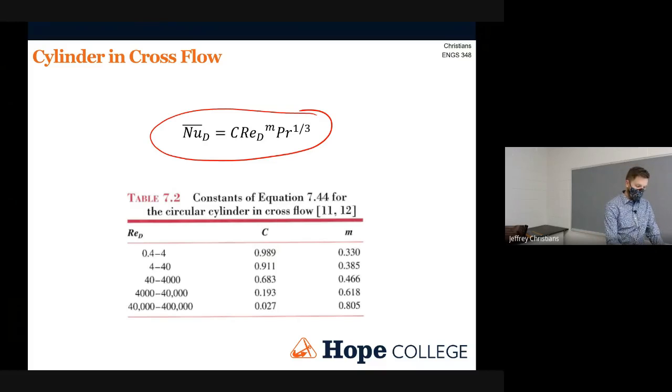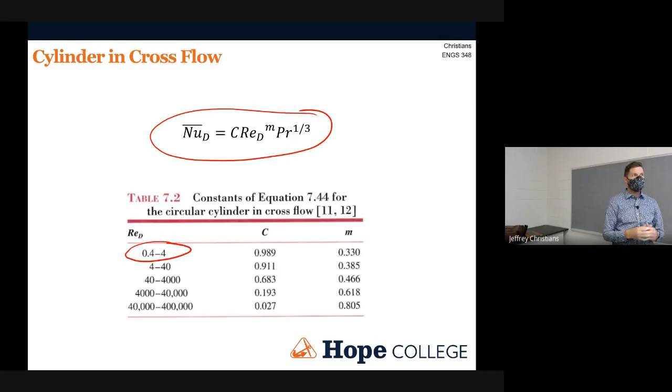So we can get correlations like this, where at super low Reynolds number, this is what things look like. When we go up a little bit faster, the flow changes, so we have to use a different correlation. We change the speed, and the flow changes again, so we have to use a different correlation.